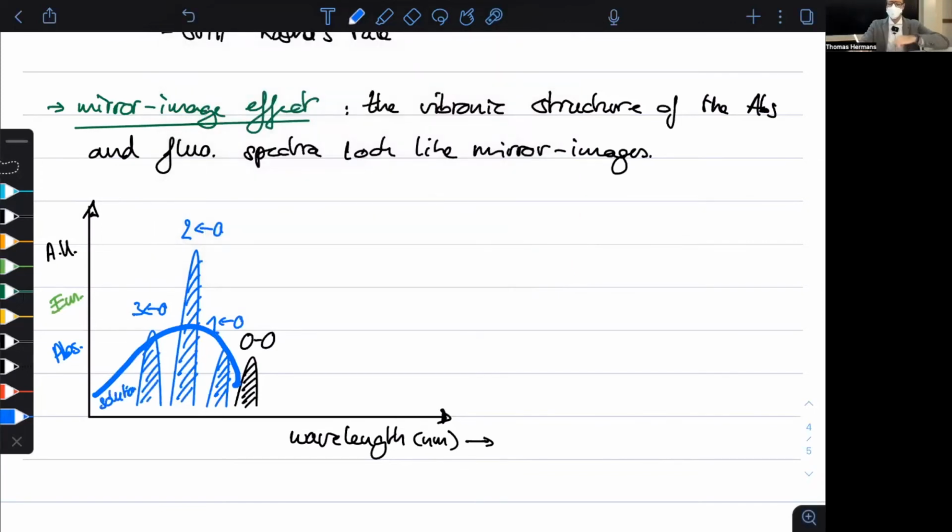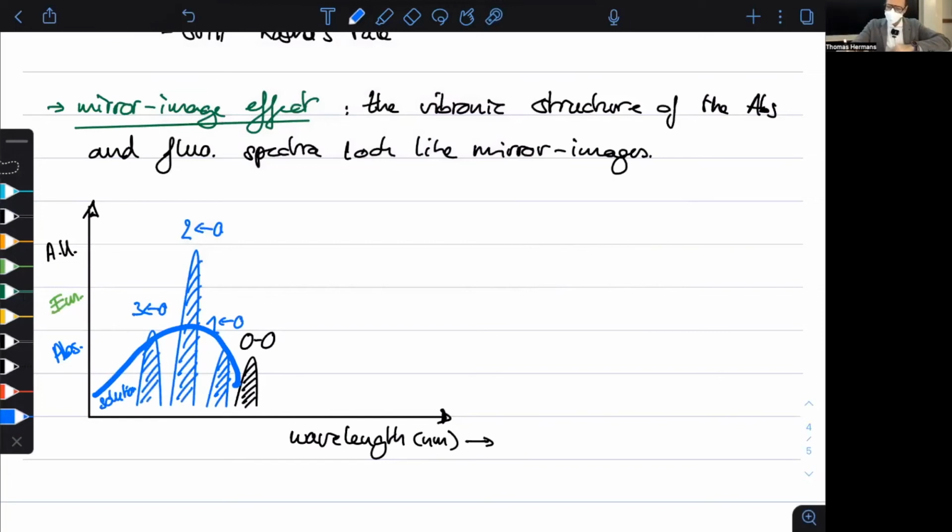When you do the measurement, you will see this broad blue thing, but underneath are these progressions. Depending on your molecule and your solvent, you will see sharp peaks or broad peaks. These little features on the absorption are called the vibronic transitions, and they are because of these vibrational levels.